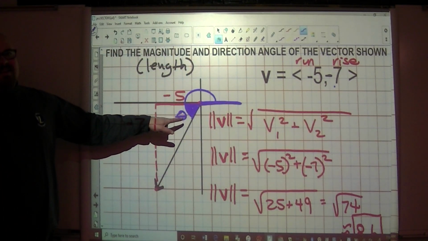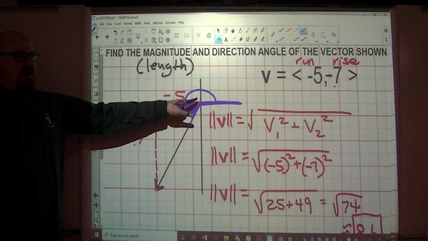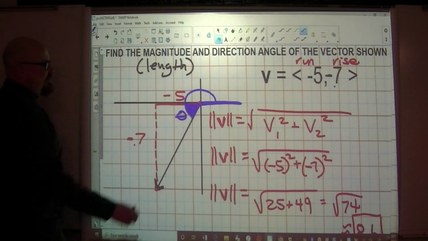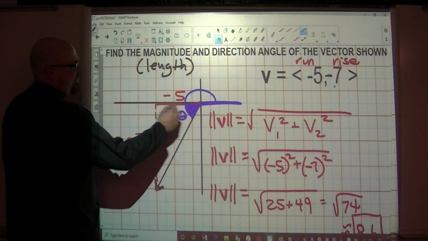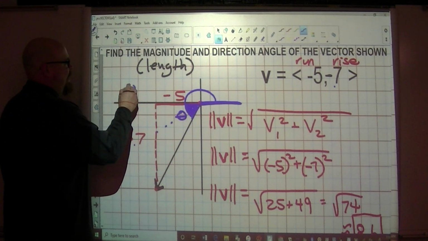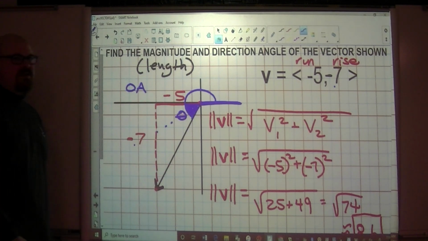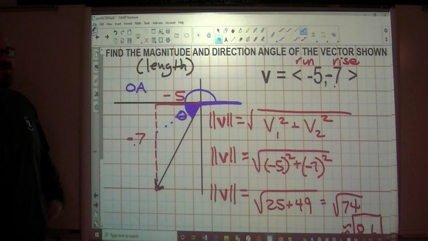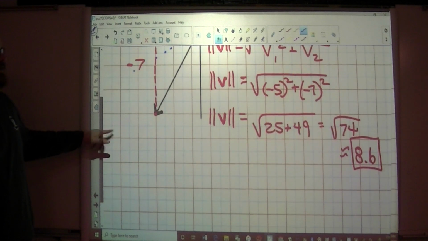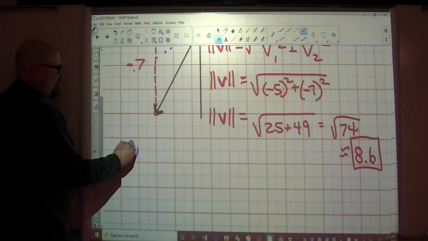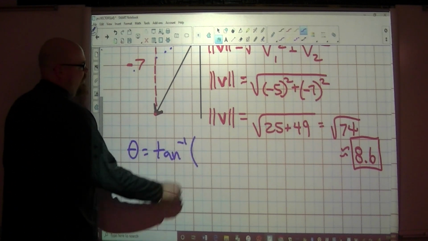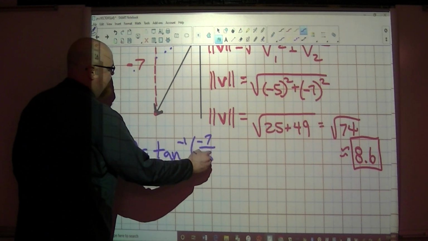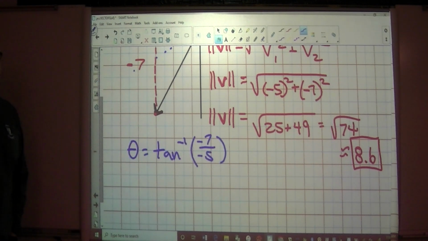If I want to find this angle, and I have this right triangle with these two sides, this side over here is the opposite side, this side here is the adjacent side, so we have those two sides to complete this trigonometric ratio. So that would be our tangent formula. And that's a formula that we've already discussed. If you want to know theta, take the inverse tangent of the opposite side over the adjacent side.